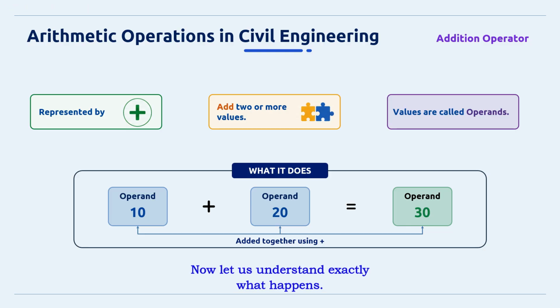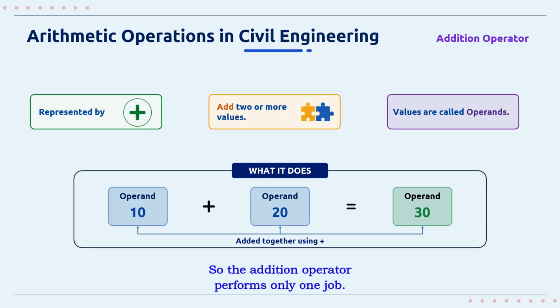Now let us understand exactly what happens. We have the first operand 10, we have the second operand 20, and between them we have the addition operator. Python simply adds these two operands, that is, 10 plus 20 equals 30.